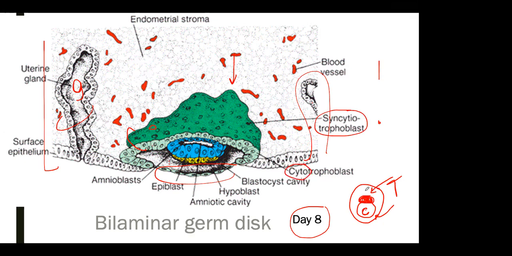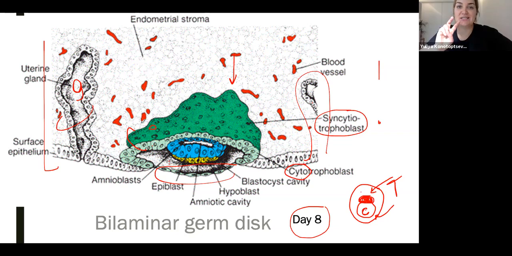The syncytial trophoblast is the one which is multinucleated. It has lots and lots of nuclei, and it has no cell borders. It's just a jelly that consists of syncytial trophoblastic cells.